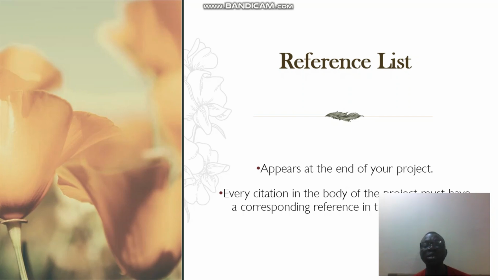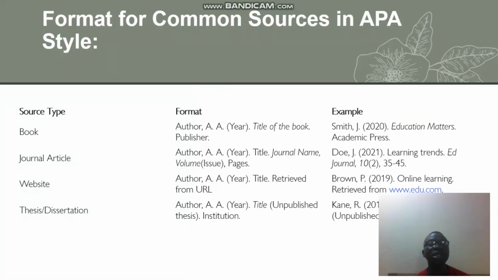And that's what we are saying here, reference list. And of course we also look at, like I told you earlier on, that we are going to be focusing on the APA, which is the American Psychological Association style of writing.